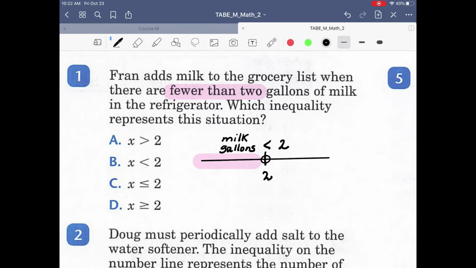And they're just using x for the gallons. I would have used g or m, but it doesn't matter what you use for the variable. The answer does not change based on the letter itself. So x is less than 2.